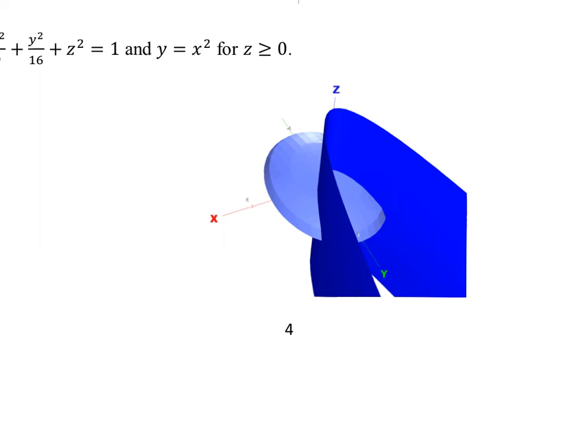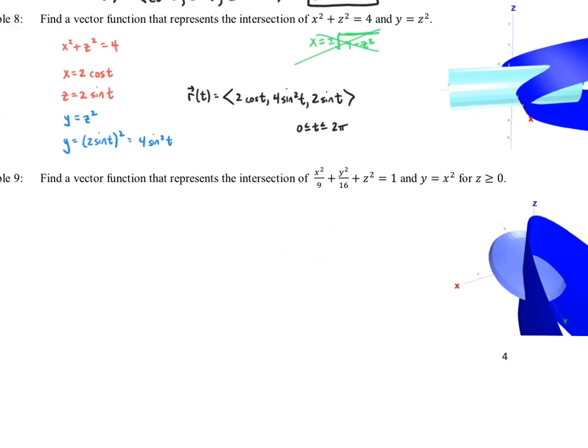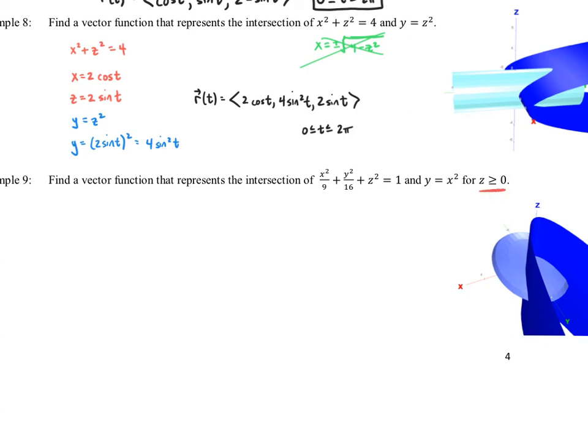Now, in this particular case, we're being told that z is greater than or equal to 0. So we could take our equation for z and get plus or minus the square root of 1 minus x squared divided by 9 minus y squared divided by 16. And we are just using the positive version of that because that's what they're telling us here.